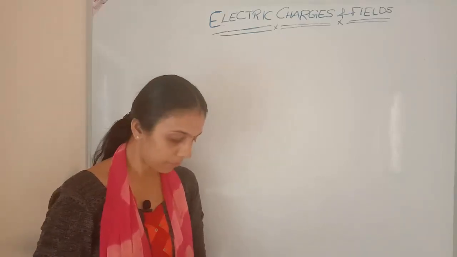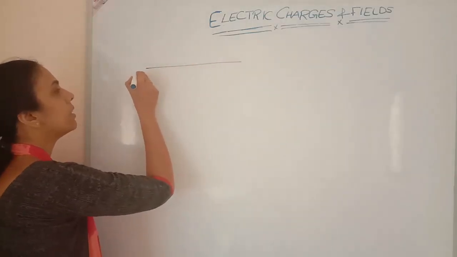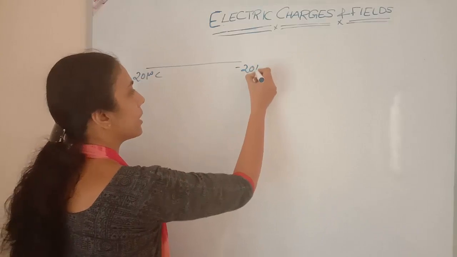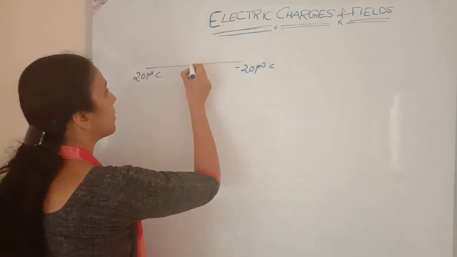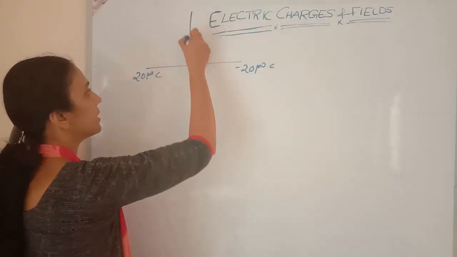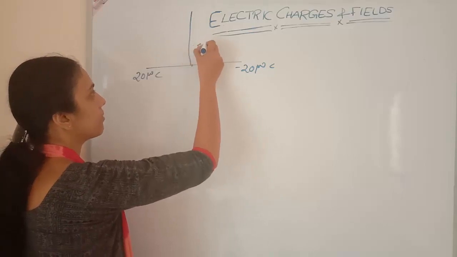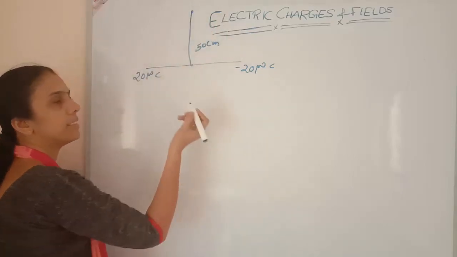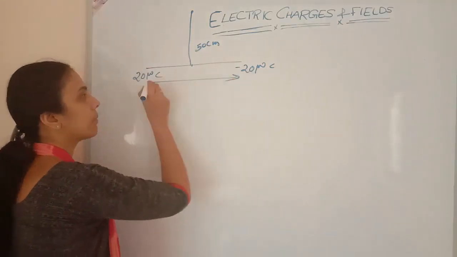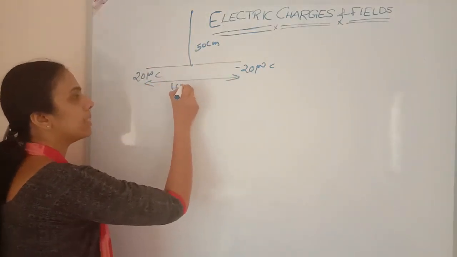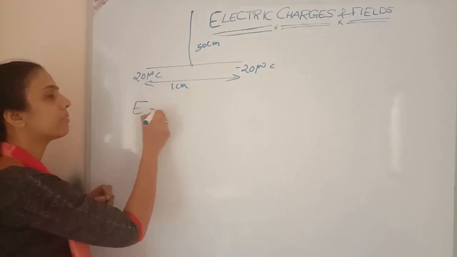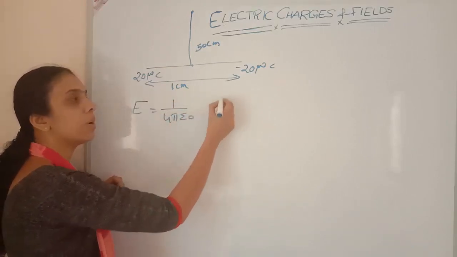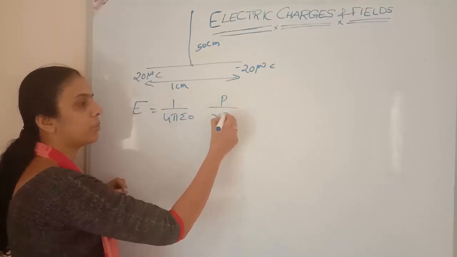So shall we do it? Here are 20 microcoulomb and minus 20 microcoulomb, and the point is at a distance of 50 centimeter from the center. This 2A distance is given as 1 centimeter. So the electric field E is equal to 1 by 4 pi epsilon 0 into P by R cube.